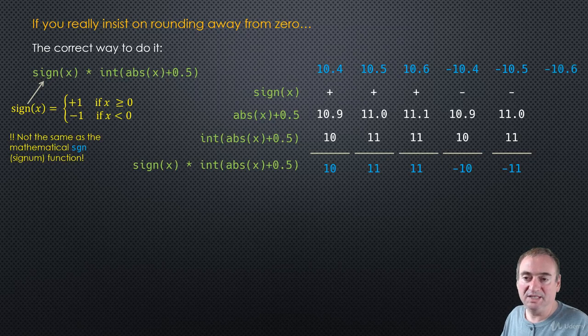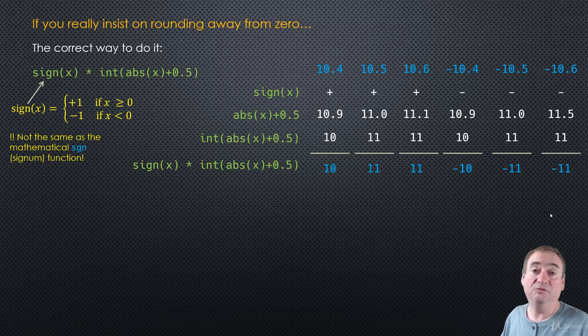With negative 10.6, it should just round to the closest, just like negative 10.4 or 10.4 and 10.6. Right? It's only for ties that we have to decide whether we go away from 0 or not. So negative 10.6 is negative. We do the calculation, 11, and we end up with -11. So this works, right? Negative 10.4 rounded to -10, negative 10.5 to -11, negative 10.6 to -11, and positives worked as well.